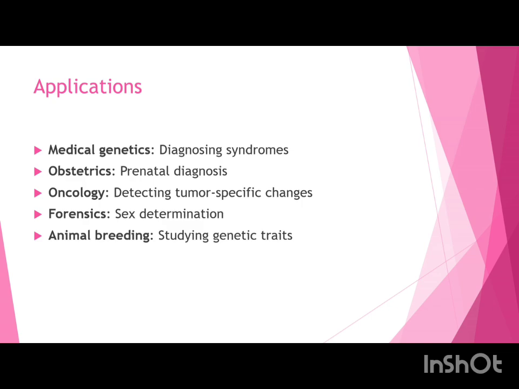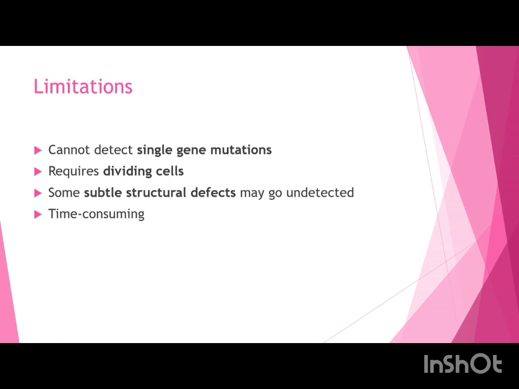Then in oncology, we can detect tumor specific markers. In forensic science, we can use it for determination of sex chromosomes and the sex of the fetus as well as of human beings. In cases of damages, accidents, we can use this. In animal breeding, the study of genetic traits is widely aided by karyotyping. So these are the applications.